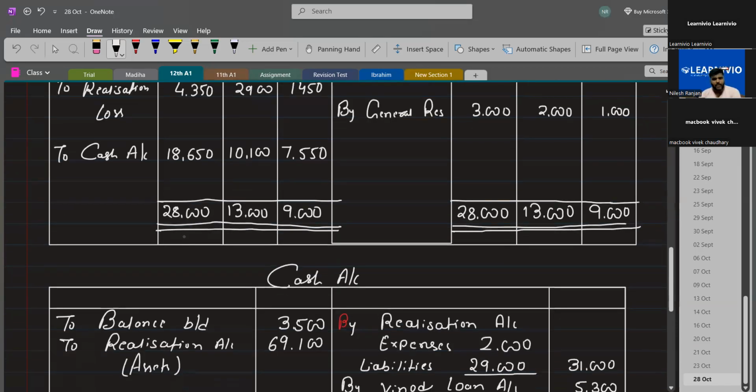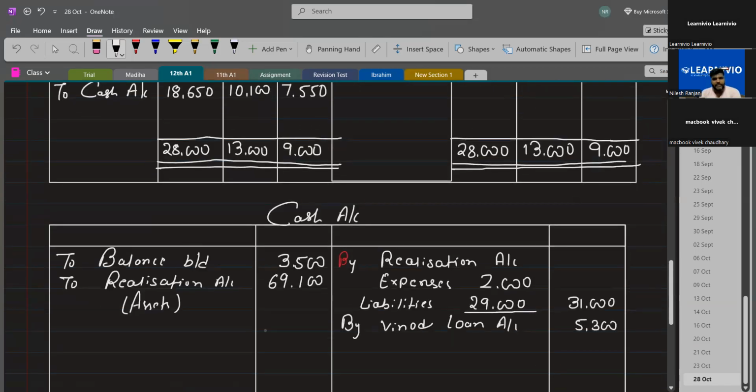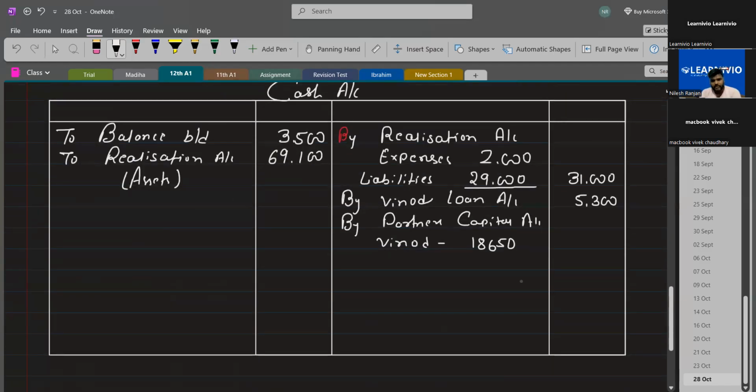So this amount will be written on the credit side of the cash account because it is a cash payment. So by partners' capital account, Vinod 18,650, 10,100 for Vijay, and 7,550 for Venkat.